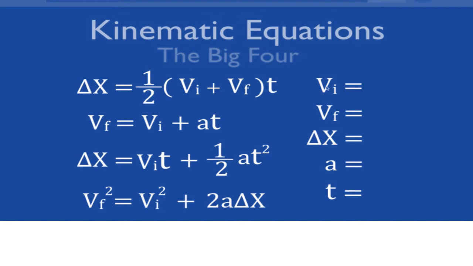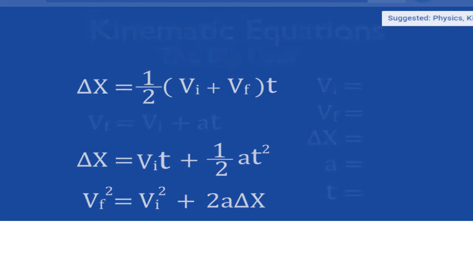So therefore you can keep these two things separate much more easily, with vi and vf for the initial velocity and the final velocity. Okay, let's go through a couple of problems now and see how we solve for the one-dimensional horizontal motion of an object using the four kinematic equations.